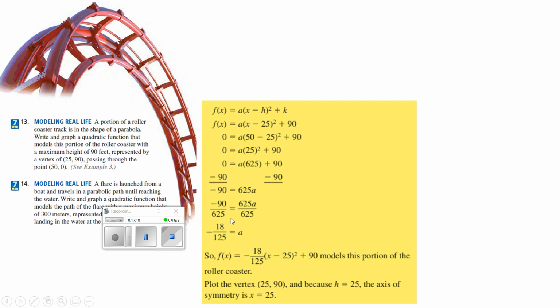We're going to divide 625 from both sides, and you can reduce negative 90 over 625 to negative 18 over 125. So we'll have negative 18 over 125 times x minus 25 squared plus 90. That models this portion of the roller coaster.